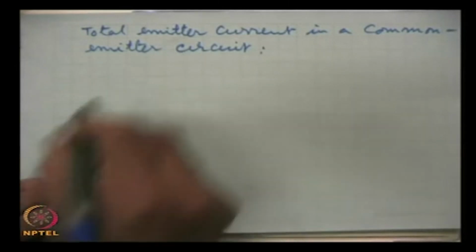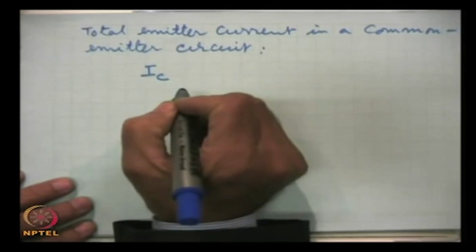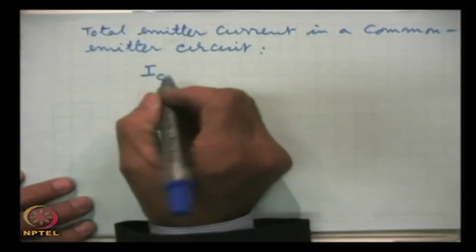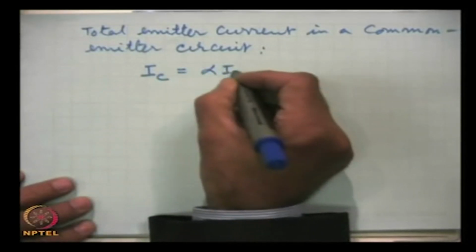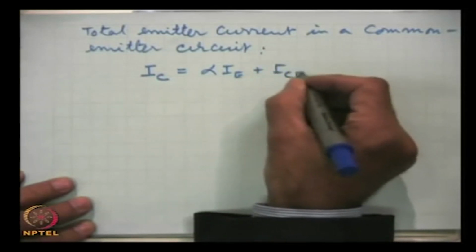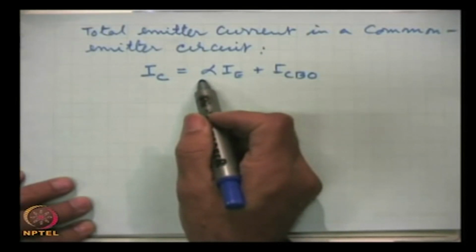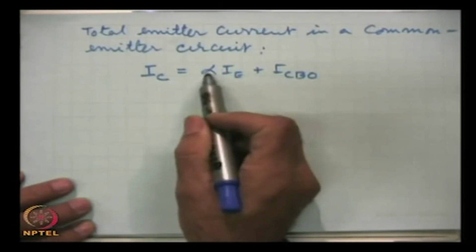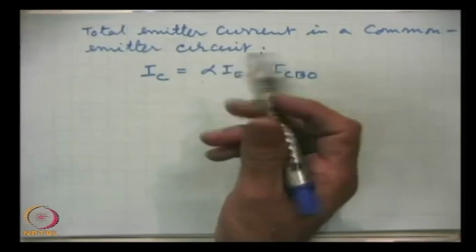You will remember that we arrived at an expression for total current in the common base circuit, and this was equal to alpha I E plus I CBO. We said alpha is a constant, and now we know what this alpha stands for. Alpha DC is one and the same thing. Why have we put a DC?